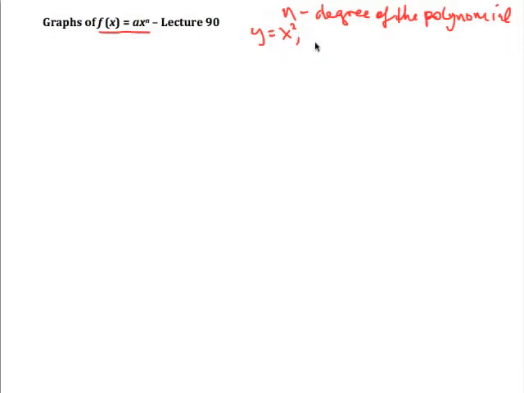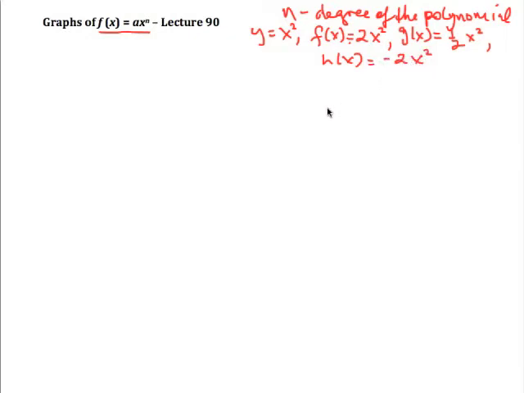And then, of course, we looked at, that was our basic function. Then we looked at, well, what would f of x equals 2x squared look like? What would, say, g of x equals a half x squared look like? And say, what would negative 2x squared look like?